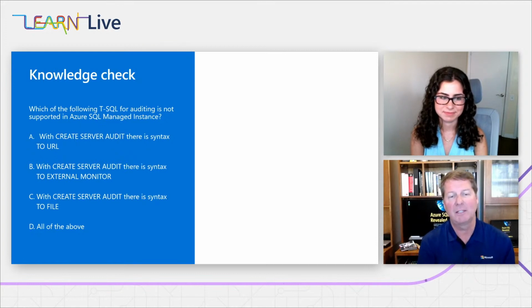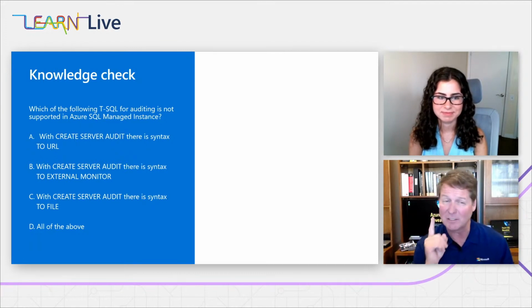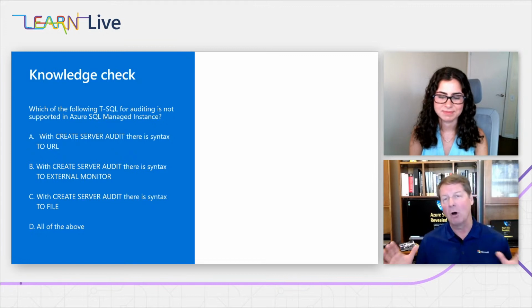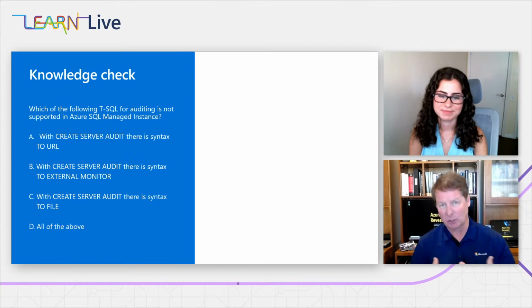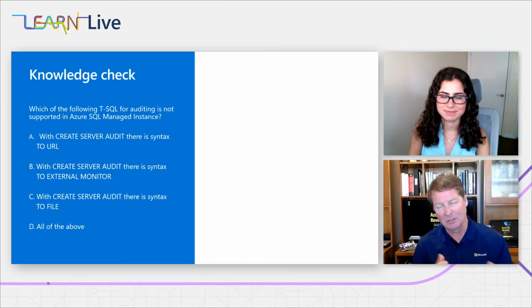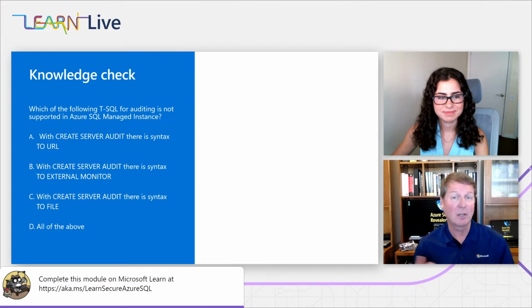So the only possible answer is C, but we specifically said you don't have access to the file system. Keep that in mind with all of Azure SQL paths, database and managed instance. We're abstracting you from the VM, the operating system, and the file system. So guess what your file system is? It's Azure storage. So when you do things like XEvents or auditing to a file system, you're going to use Azure storage, and we're going to give you capabilities to actually do that.